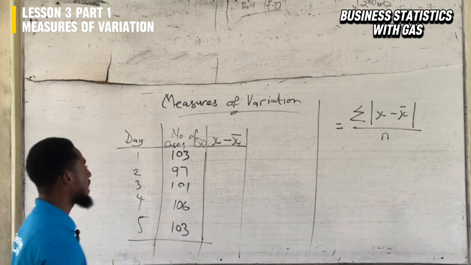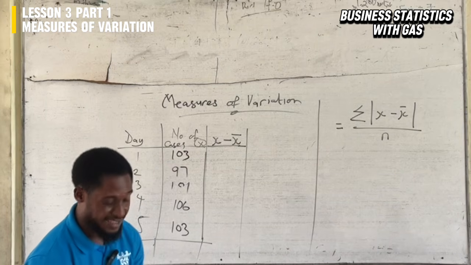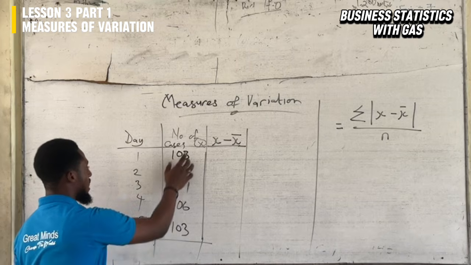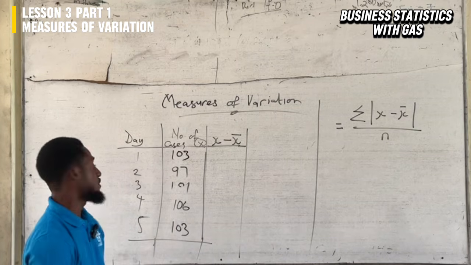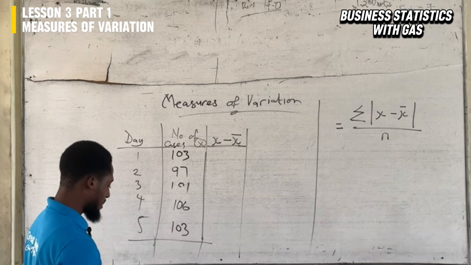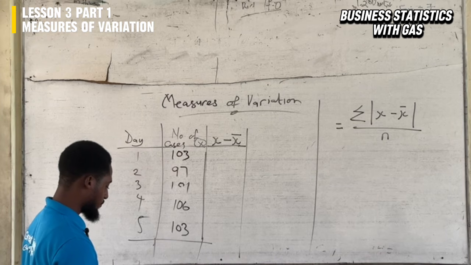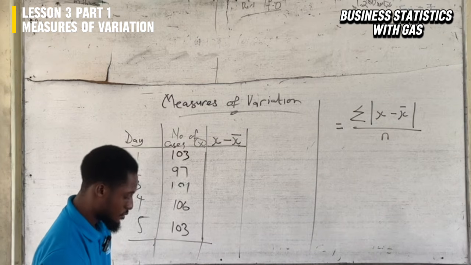How then do we find our x bar, which is our arithmetic mean? As taught in the previous video, you add all these values and divide by the number of observations. So we have 103 plus 97 plus 101 plus 106 plus 103, which is 510. The number of observations is 5, so you divide by 5.